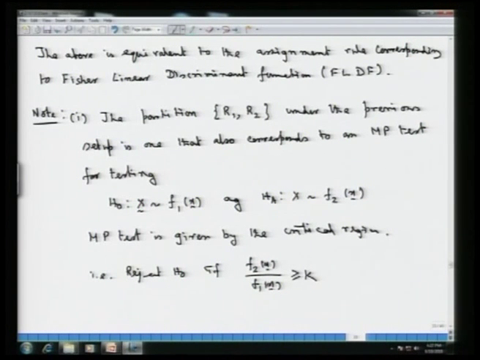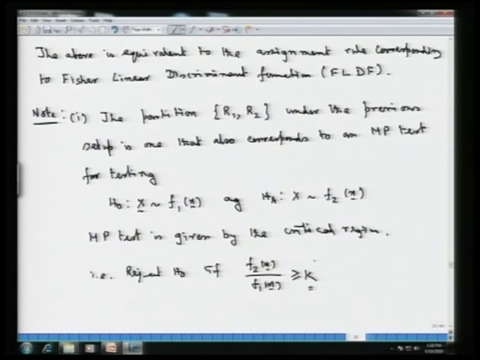Now, this k is going to be such that the size condition is going to be satisfied. Now, what we have in our given problem is that the region R2 is that f2(x) by f1(x) is greater than or equal to 1.